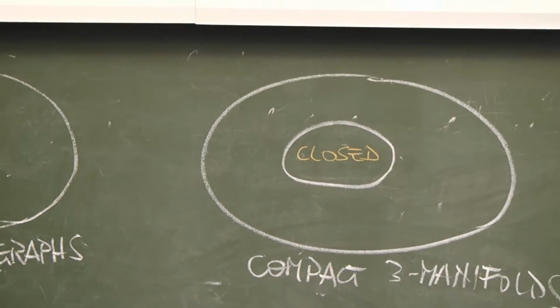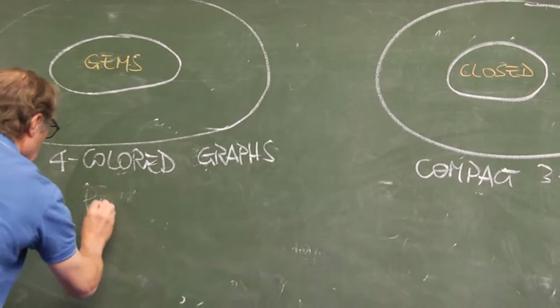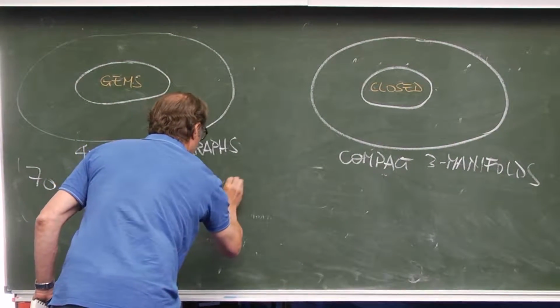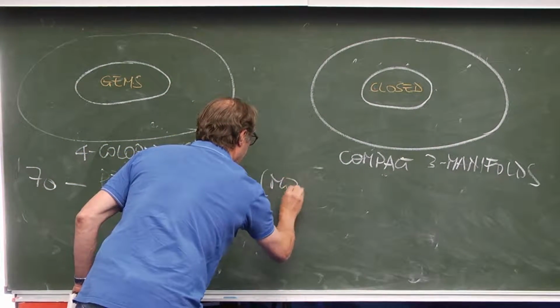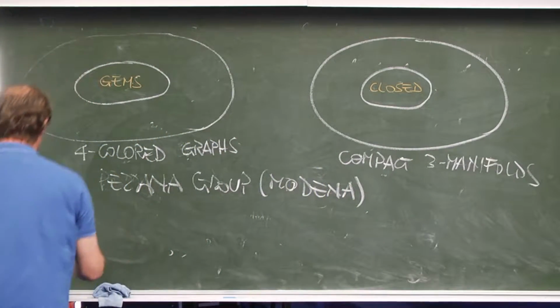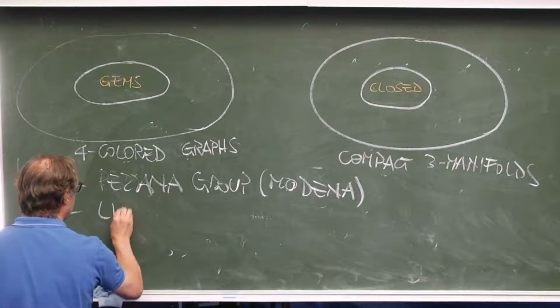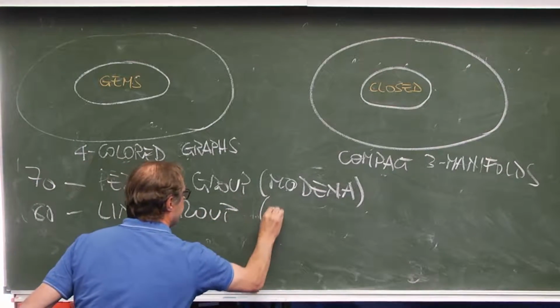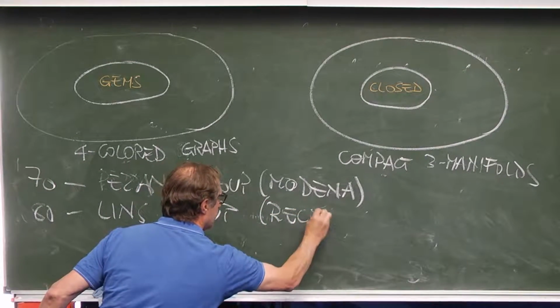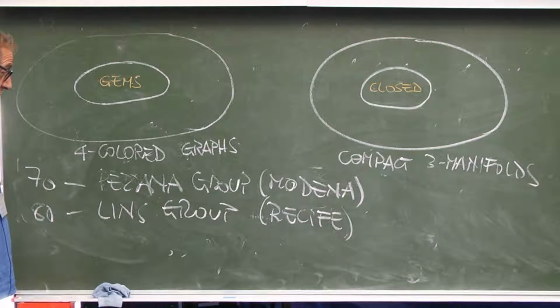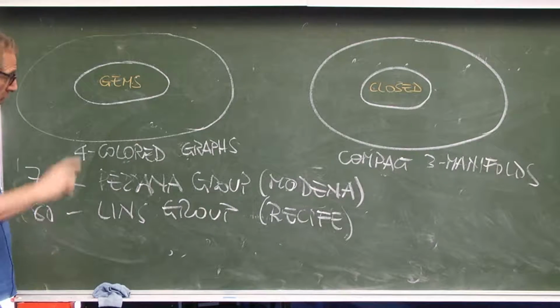Two groups of researchers: in the 70s, Pezzana's group in Modena, and in the 80s, Lins' group in Recife, in Brazil, introduced a dual construction.